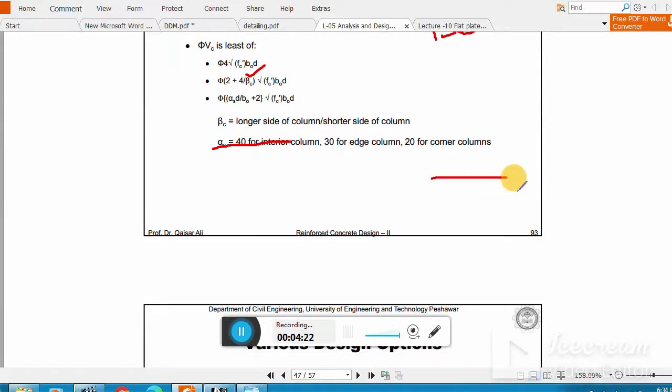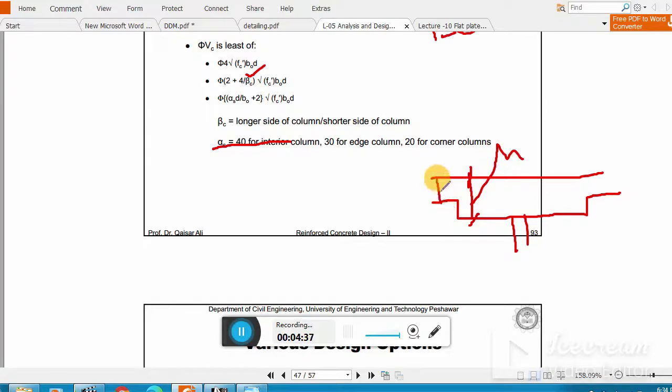So you already know that let's say this is our drop panel, and here is the column, and you have to calculate this total depth. This is H, and you already know this depth, this is 10 inch. So your drop panel depth HD, we can say this is H minus HF, or you can say 10 inch.